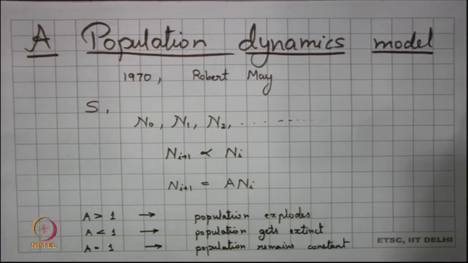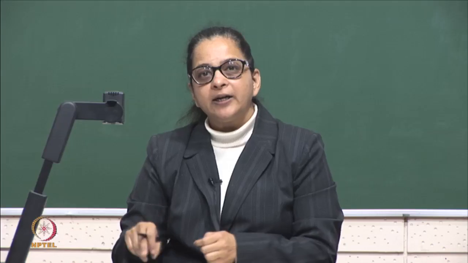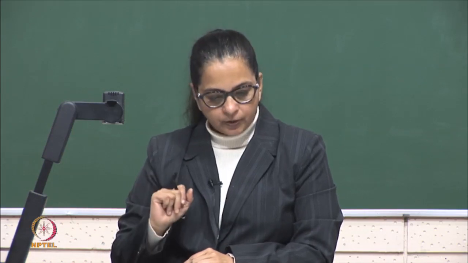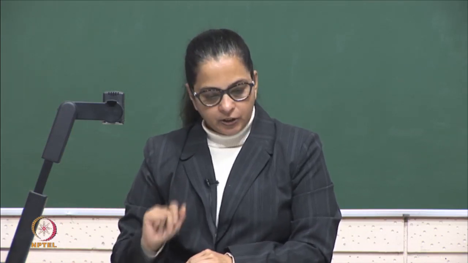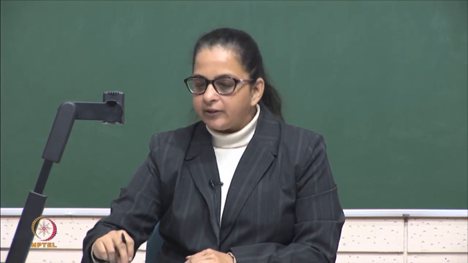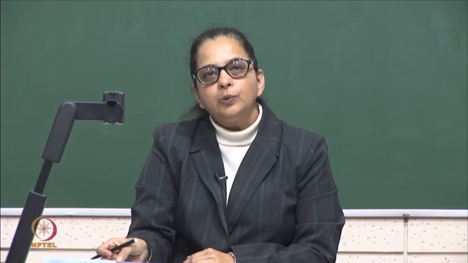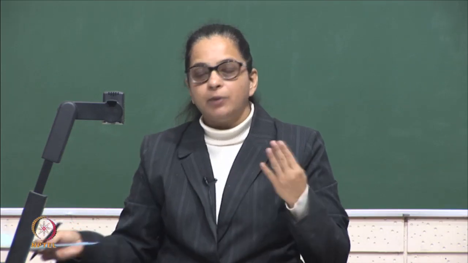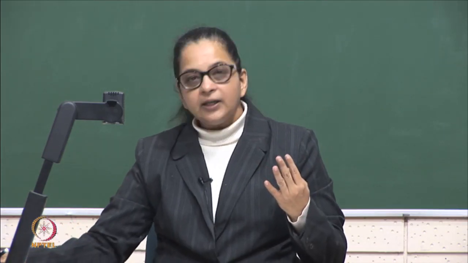Now, it was observed that this is not a very practical model for population. So, what is a practical model? It was observed that population also depends on how the individuals interact among each other. Say if two people are interacting, there will be a competition for food, for shelter, for space.